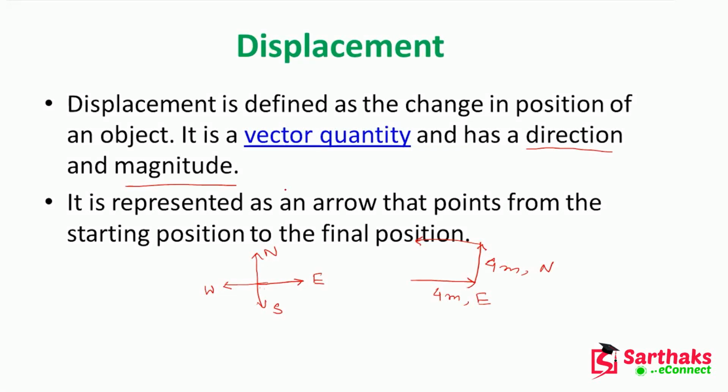Here, for the displacement, the previous diagram, if I draw it here, was this type of diagram. Here we had some tree, here also a tree, and here a house, a cute house. The person started the journey from here.